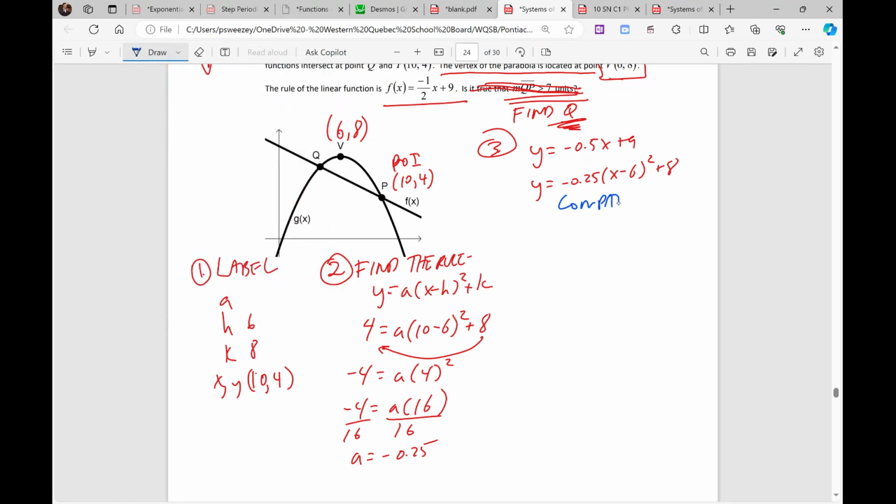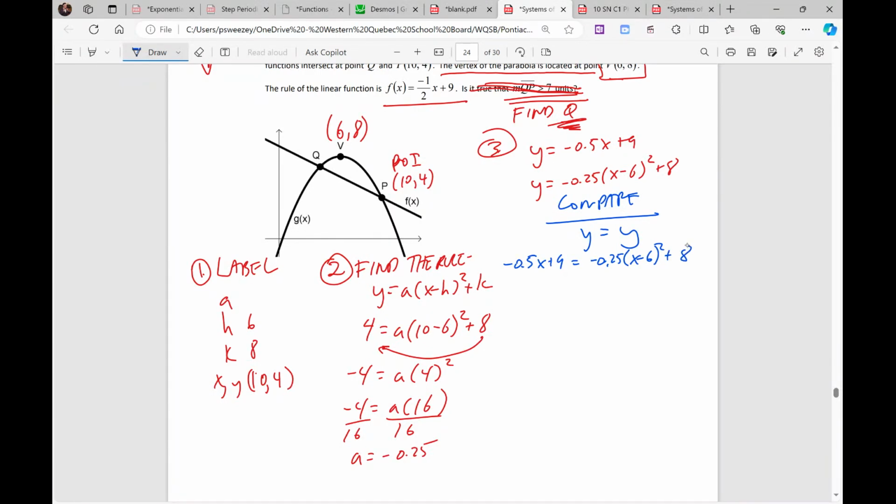So we are going to compare one to the other. So y being equal to y, I'm going to set the linear on the left-hand side, and I'll put the quadratic on the right-hand side.